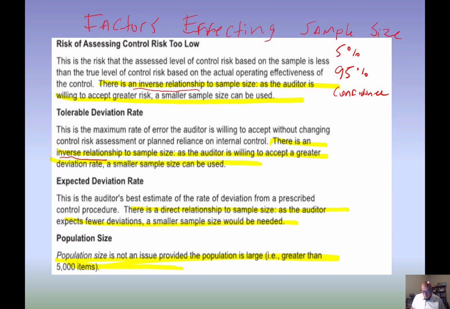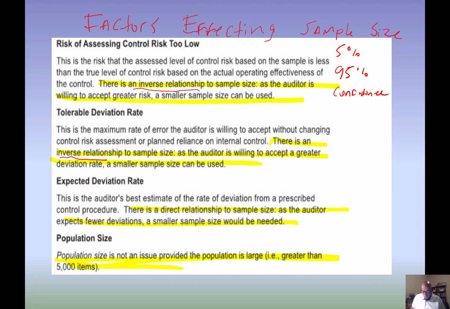Then I would go ahead and assess my tolerable deviation rate. If I'm willing to tolerate more, my tolerable deviation will go up and sample size will come down. If I'm saying, no, this is an important control, I'm only going to tolerate a few deviations from this control, then I'd have to have larger sample sizes.